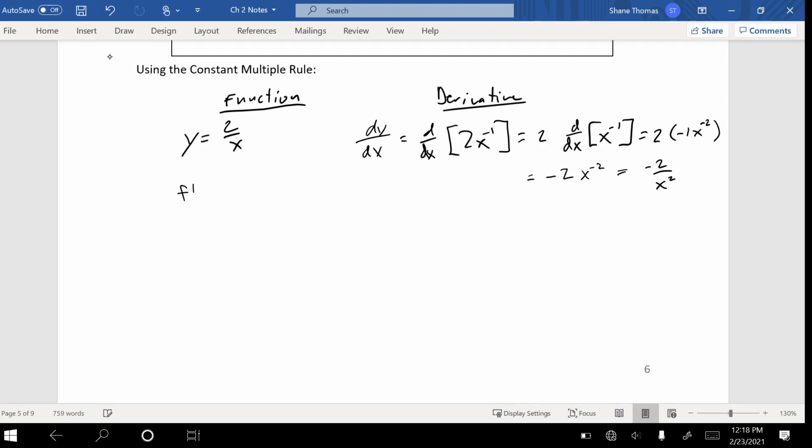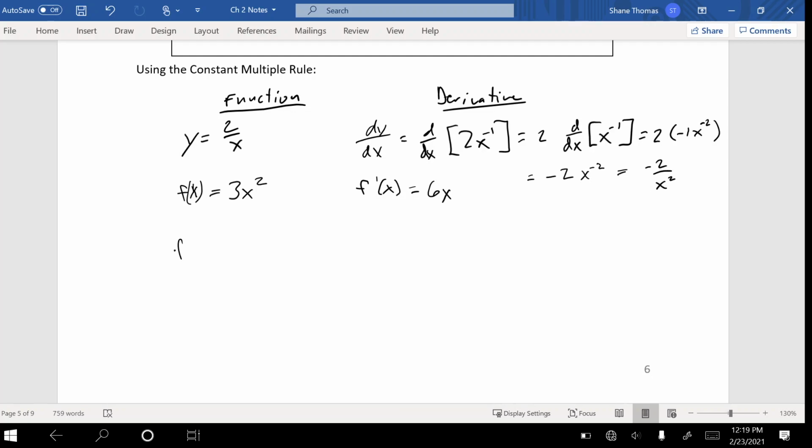If f of x equals 3x squared, f prime of x then, technically I would write the 3 to the side and find the derivative of x squared, or I can just quickly know that f prime of x is going to be 6x. So I took 2 times 3, subtracted 1 from the power. Does that make sense?